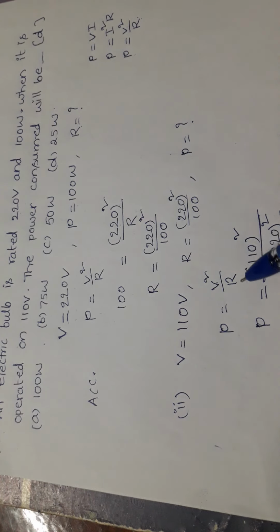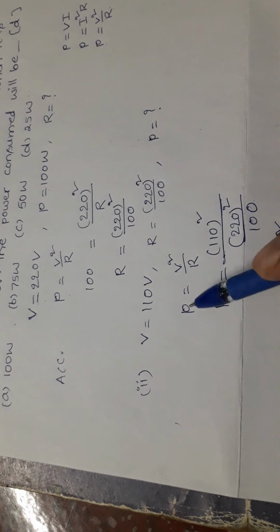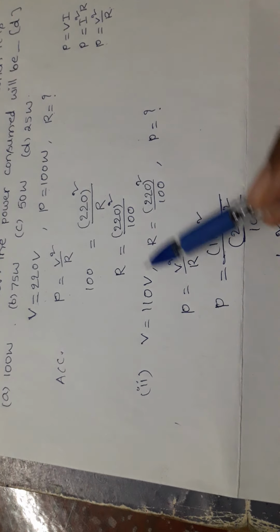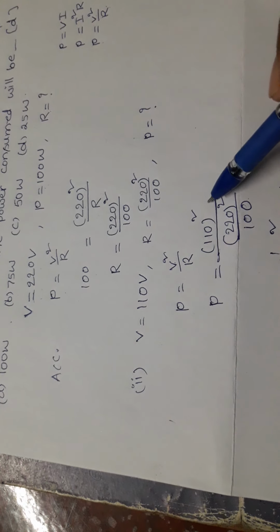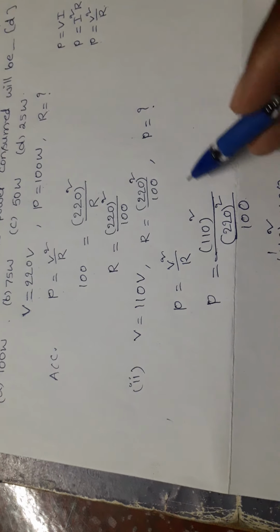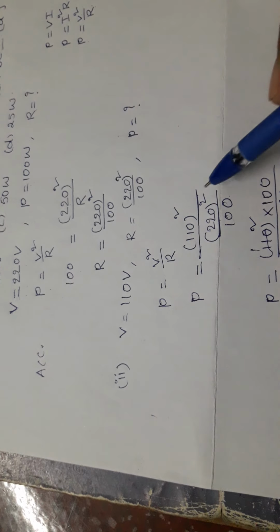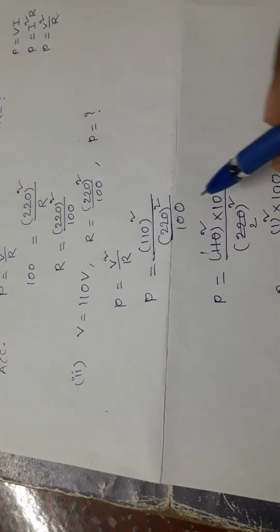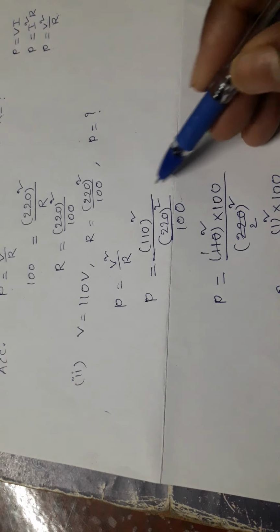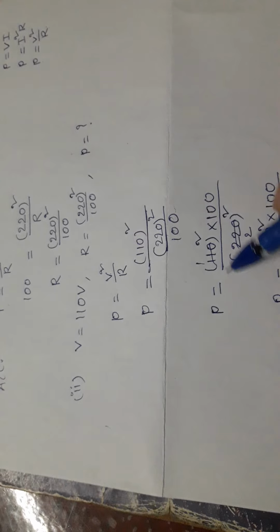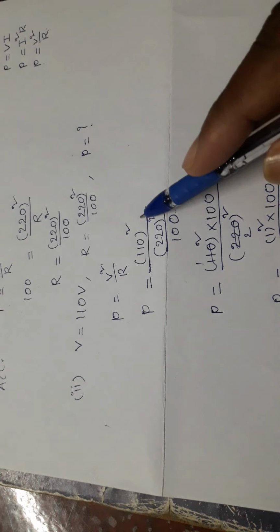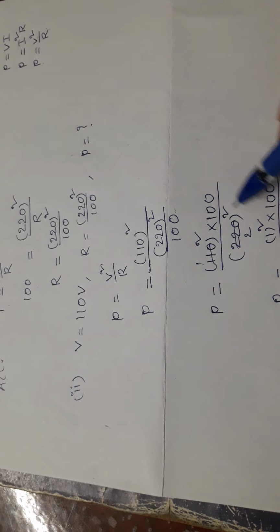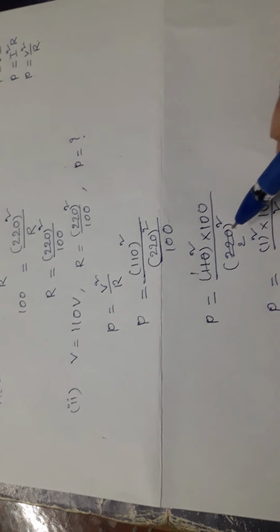So according to the formula, P is equal to V square by R. Then apply these values in the formula. P is equal to V square, V means 110 whole square, by the R value, 220 whole square by 100. So here, reciprocal of the 100, P is equal to 110 square into 100 by 220 whole square.